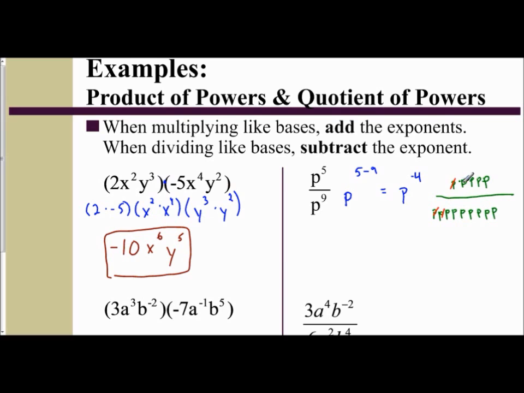So I cross out a total of 5 p's in the top and my 5 p's in the bottom. And that leaves me with 4 p's in the bottom and a 1 in the top. So p to the negative 4th really means 1 over p to the positive 4th. And we're going to examine this negative exponent rule in a future video.